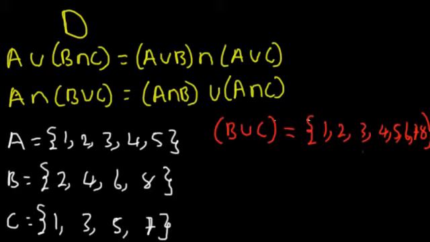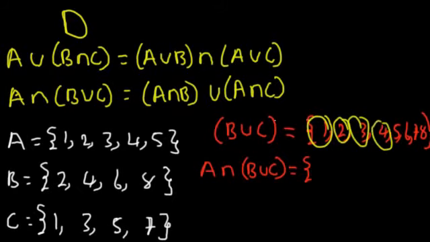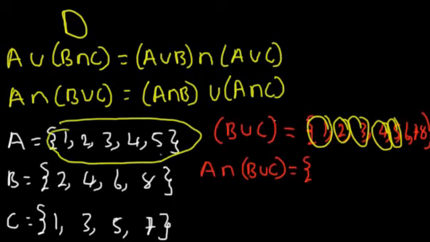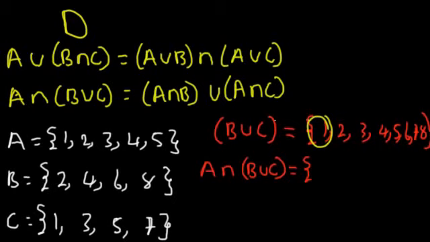Okay, now what will be the value of A intersection B union C? What will be the elements in it? It turns out that elements 1, 2, 3, 4, 5 occur in the whole set A. So all these elements are in the intersection, because they are common to both of them.